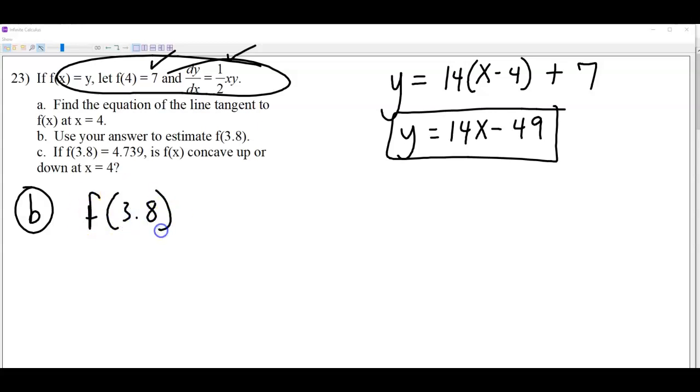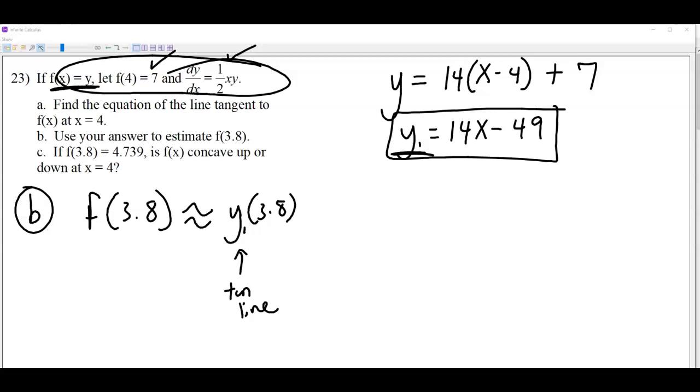F of 3.8 should be approximately equal to y of 3.8, where y is my tangent line. I'll label it this time because we're using y here, but they're also saying the function itself is y, so that's a little bit confusing. I guess we can call this y1 just to be specific and make it separate from the original y there.